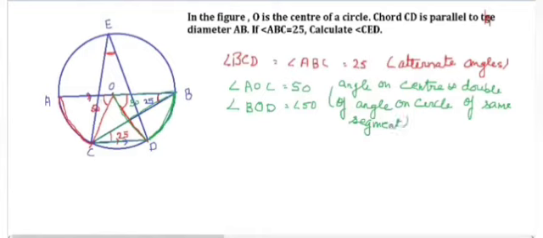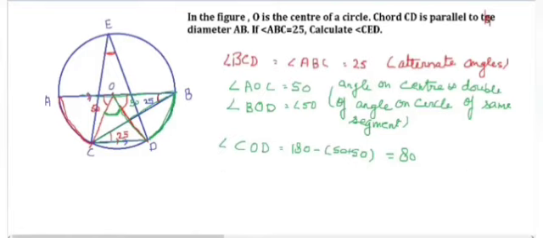Now this is our 50 degrees, this is our 50 degrees, and AOB is a straight line. So from here I can write angle COD will be 180 minus (50 plus 50). That is 80 degrees, because AOB is a straight line.